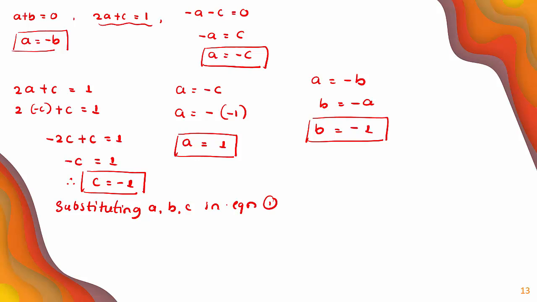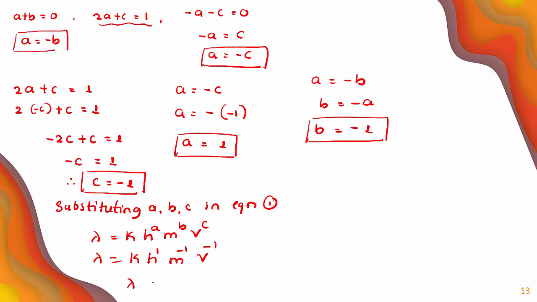What is equation number 1? Equation 1 is lambda equal to k into h raised to a, m raised to b, v raised to c. Substituting, k keep as it is, h raised to 1, m raised to minus 1, v raised to minus 1.